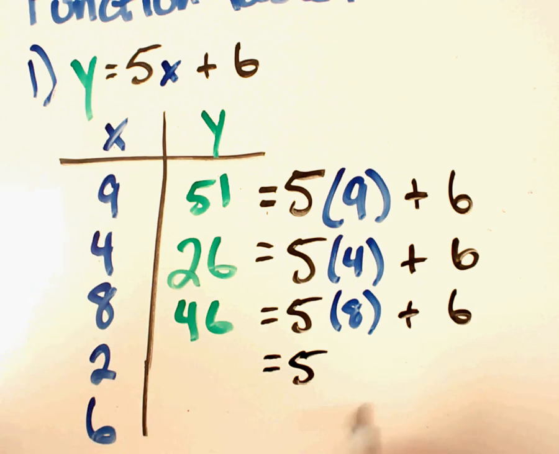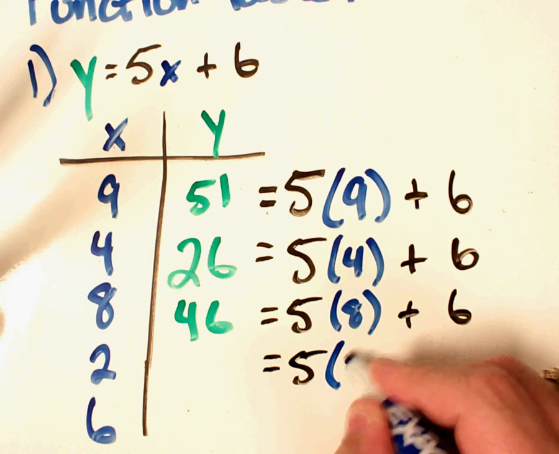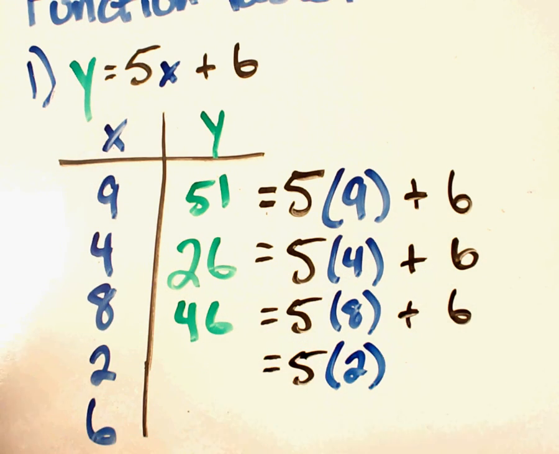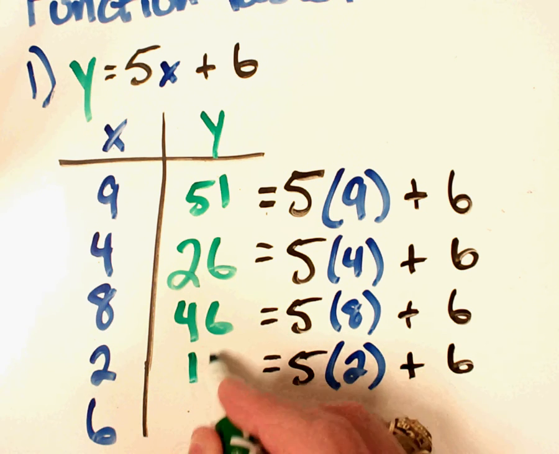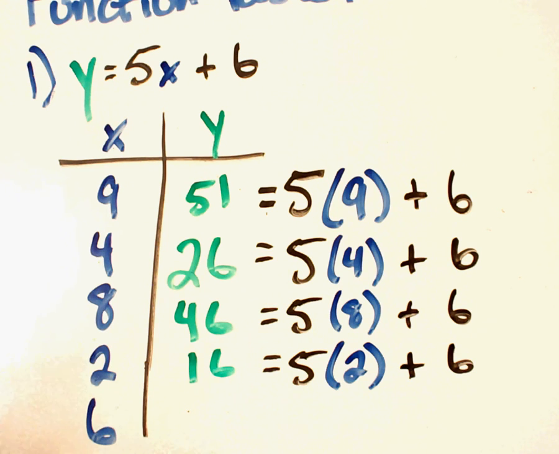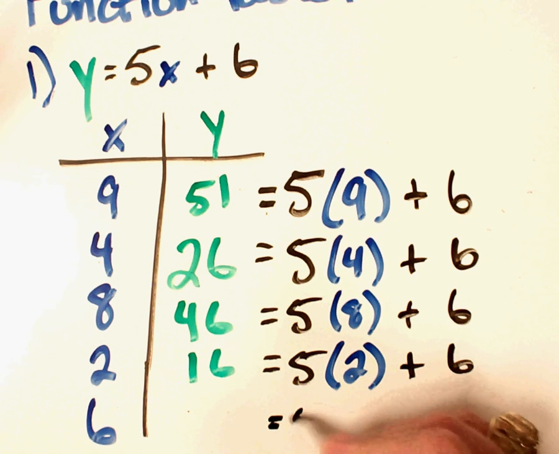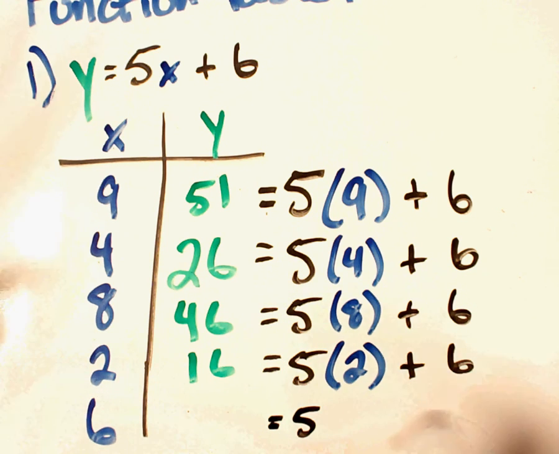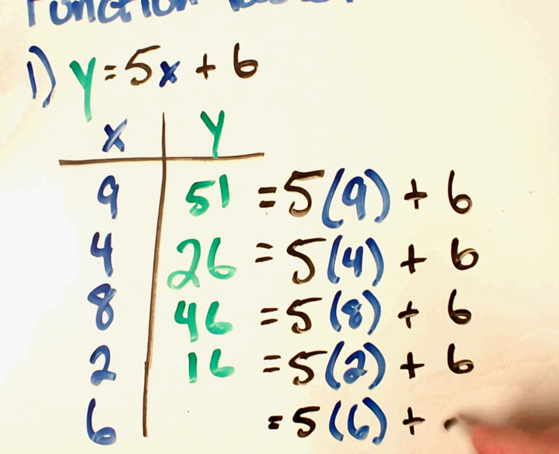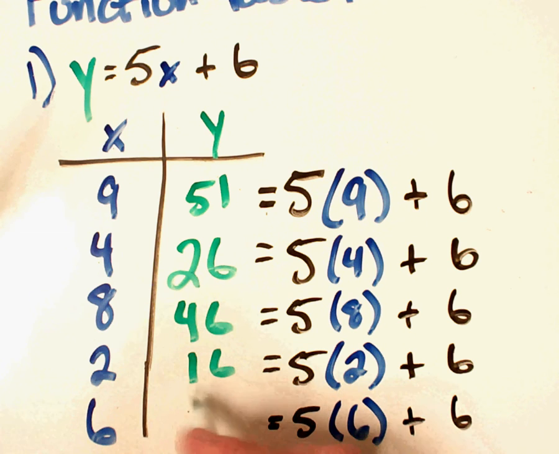I'm going to substitute 2 for x. 5 times 2 plus 6. 5 times 2 gives me 10, plus 6 gives me 16. And then finally we're going to substitute 6 for x, so 5 times 6 plus 6. 5 times 6 gives me 30, plus 6 gives me 36.